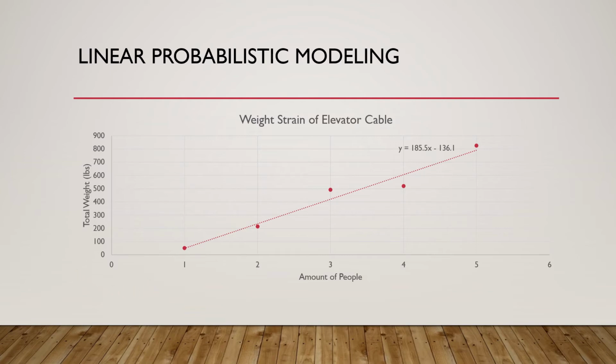Why this is important is because this slope, the 185.5, will give us the amount of tension that is on average going to be needed to handle for the amount of people within the elevator.